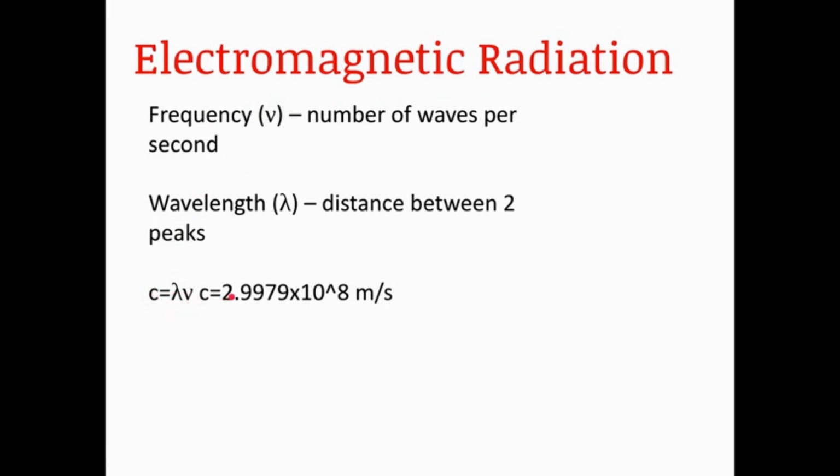C is the speed of light, which is about 2.998 times 10 to the 8th meters per second. We have lambda, which is the wavelength, the distance between 2 peaks in the graph. And the frequency is the number of waves per second. If we want to find one of these, we know c is always the same, and one of these will be given.